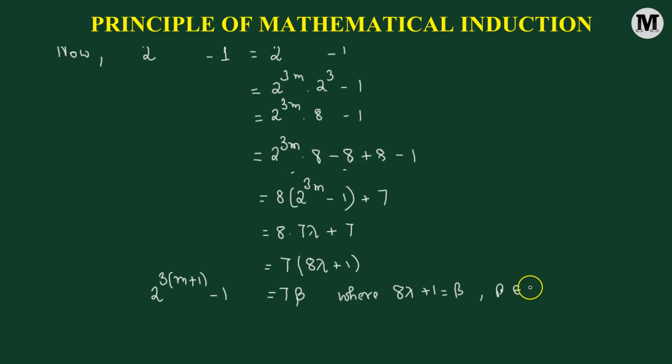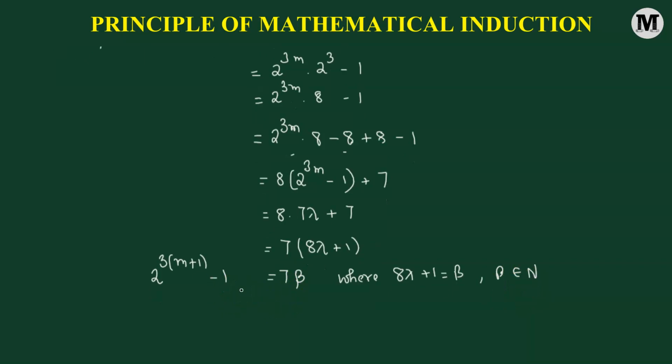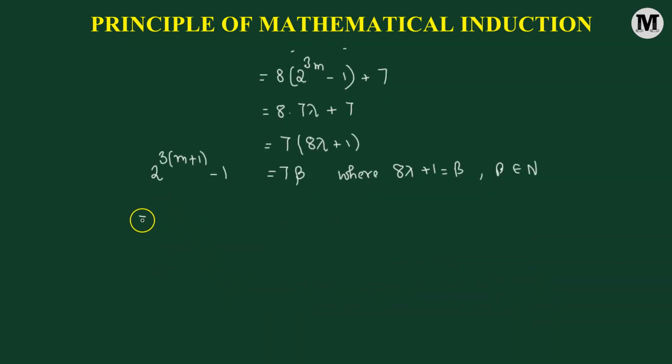Here beta belongs to the set of natural numbers, which tells us that 2 raised to the power of 3 times m plus 1 minus 1 is divisible by 7.